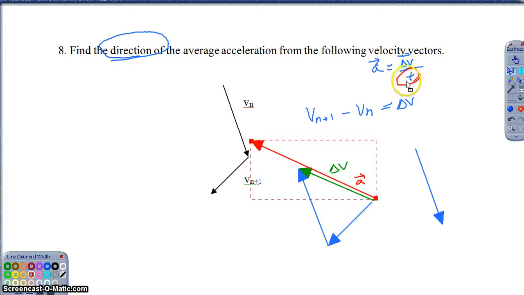However, if I'm looking at this happening over a long period of time, then that acceleration might be a fairly short vector. Okay? The only thing I know for sure is the directions of those two, the change in velocity and the acceleration, have to be the same. So do be careful about that one. And anyway, hopefully that answers any questions you might have had here on question 8. Again, I made the mistake of not including the direction, so I hope that didn't cause you guys too much concern initially.